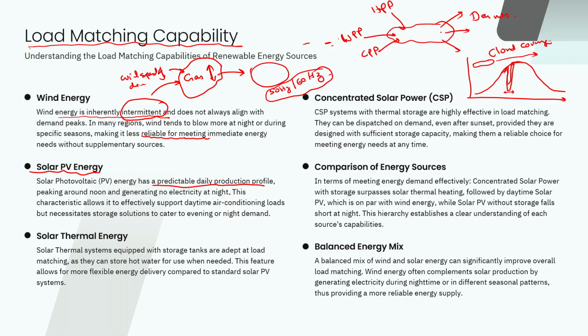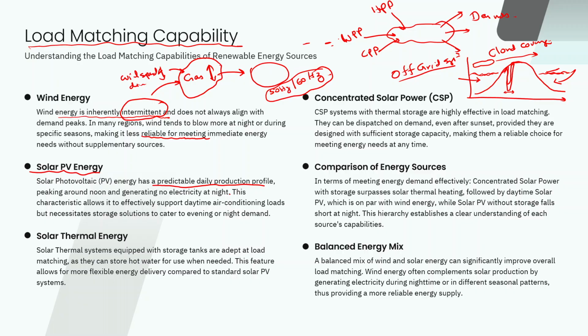And you also know that since in the early morning and the night there's no solar available, if you have an off-grid system, disconnected from the grid, then you need to have a certain energy storage in order to meet the demand requirement at the night and the early morning.